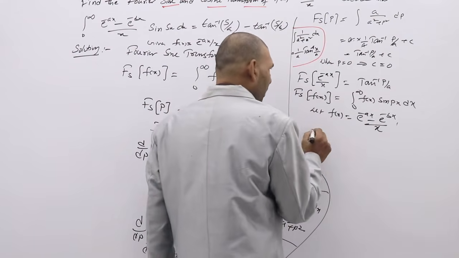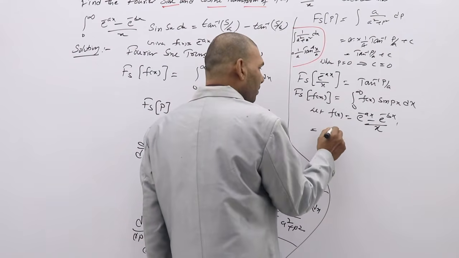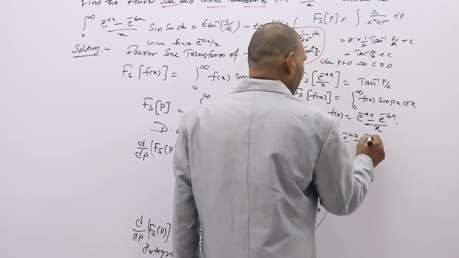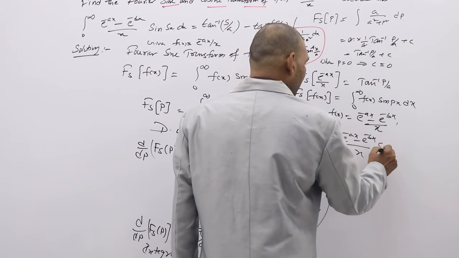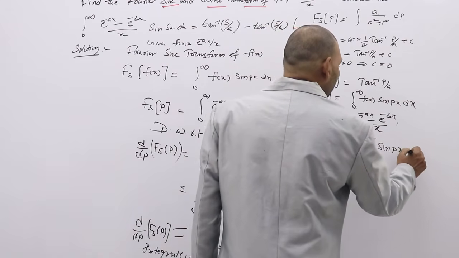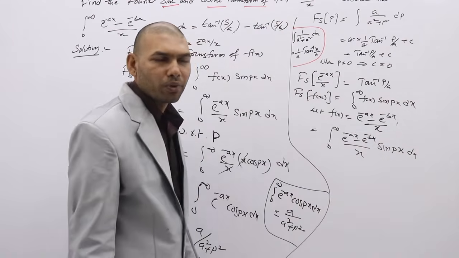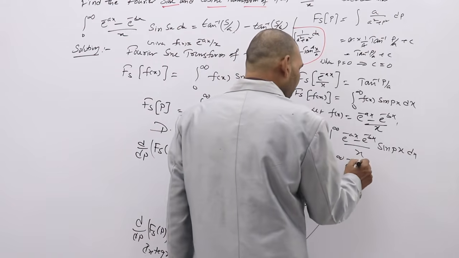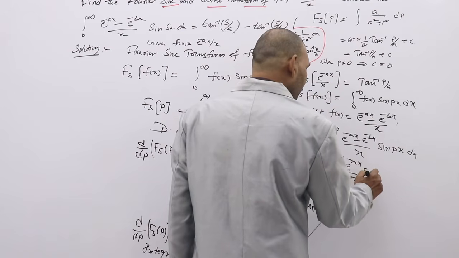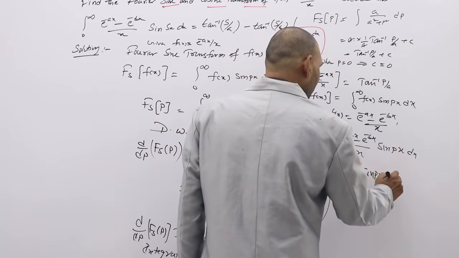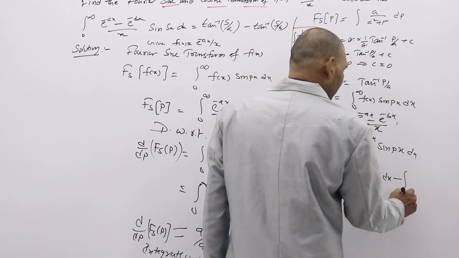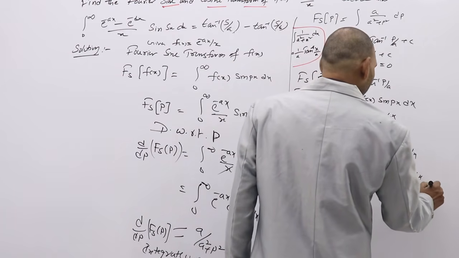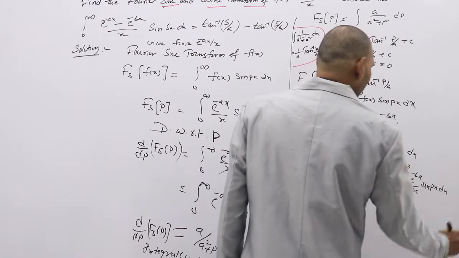Write that in the place of f of x. Integral 0 to infinity of e power minus ax minus e power minus bx by x sine px dx. Split this into two integrals like this: integral 0 to infinity e power minus ax by x sine px dx minus integral 0 to infinity e power minus bx by x sine px dx.